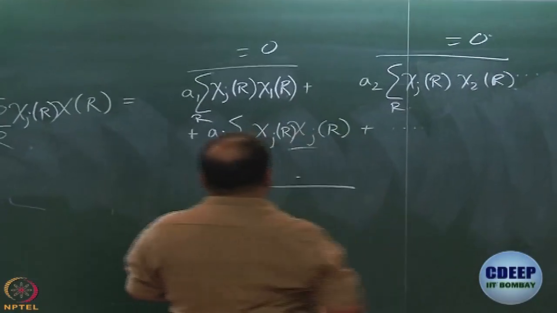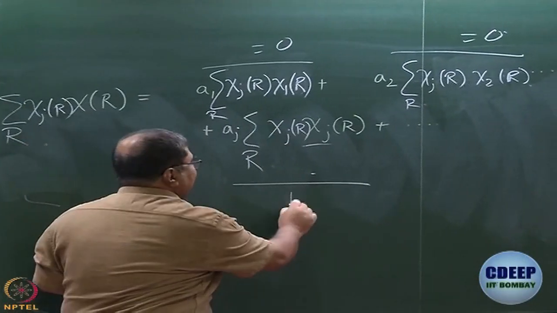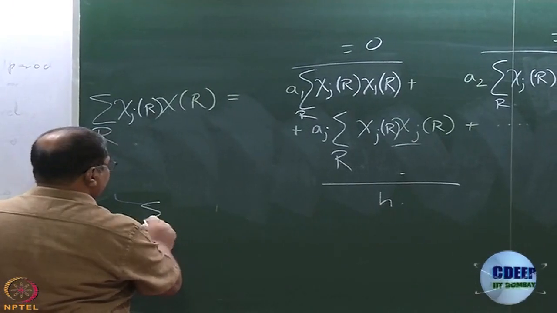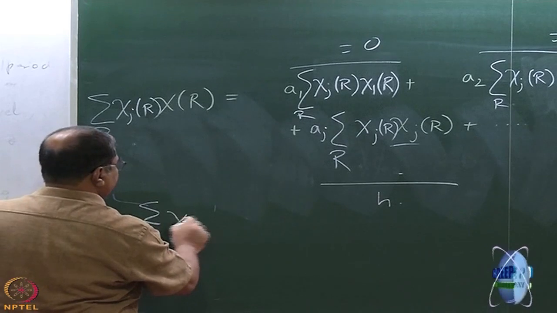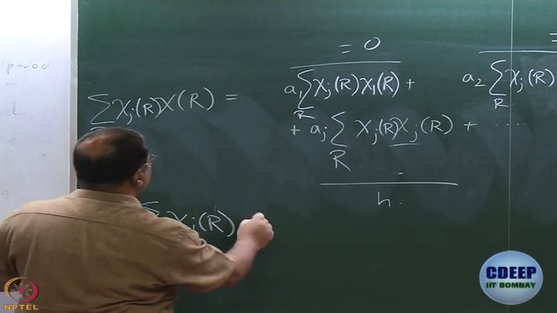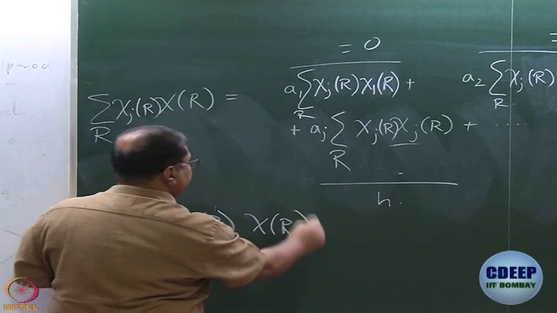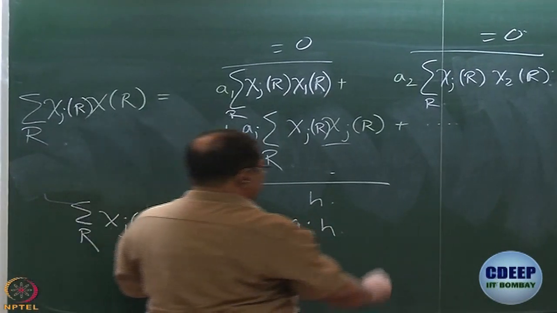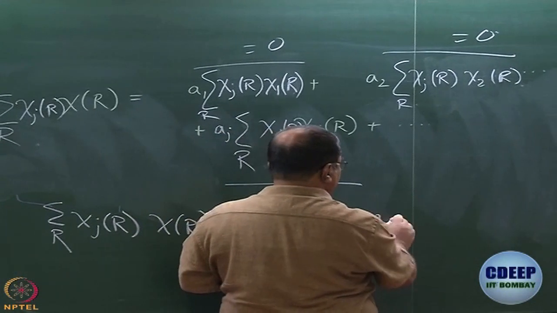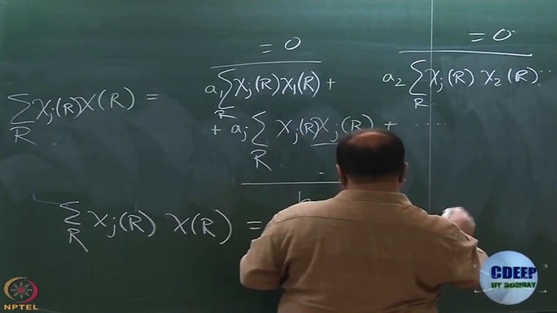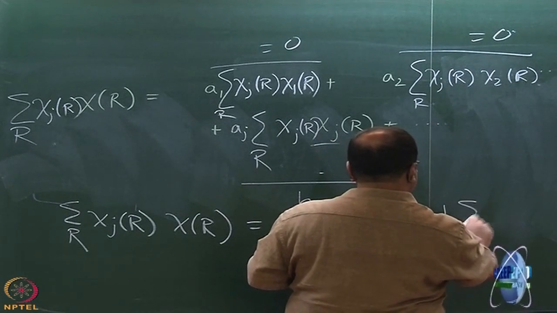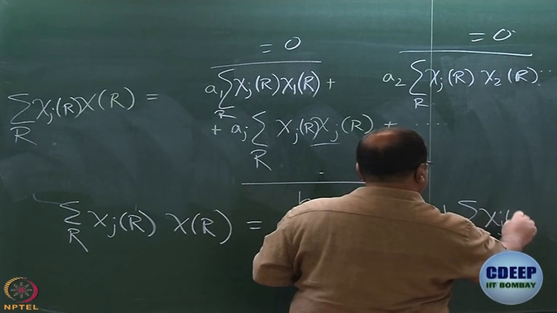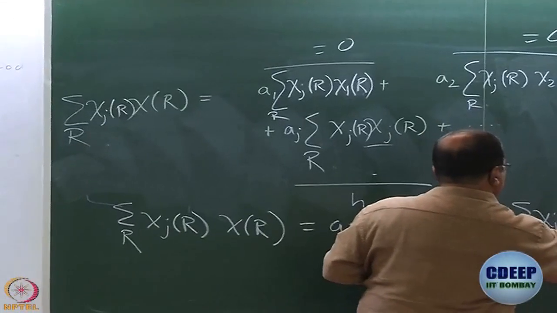What about this? h. And everything else is 0, isn't it? So what I have then is sum over R, chi_j(R) chi(R) is equal to Aj times h, or if I want to write in terms of Aj, Aj is equal to 1 by h sum over R chi_j(R) chi(R).